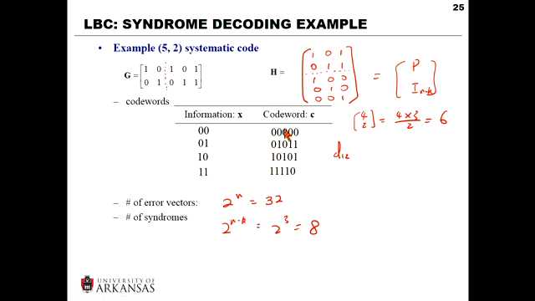So the first one and the second one, the Hamming distance is 3. The first 2 code words differ in 3 bits, right? And the first one and the third one, again, they differ in 3 bits. The first one and the last one, they differ in 4 bits.